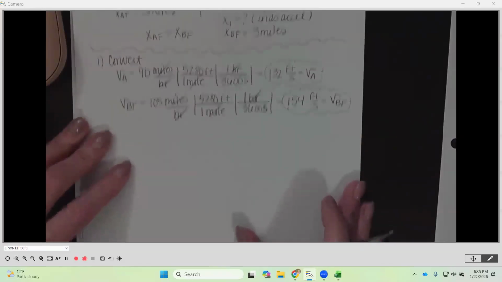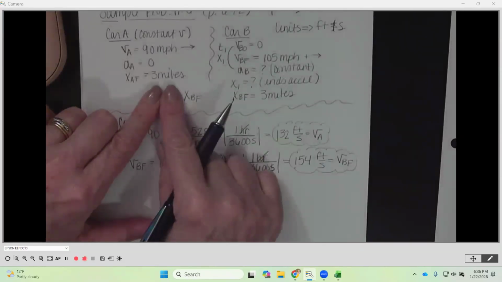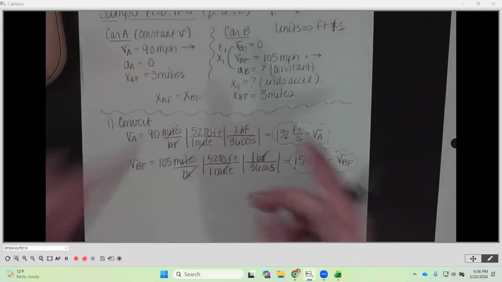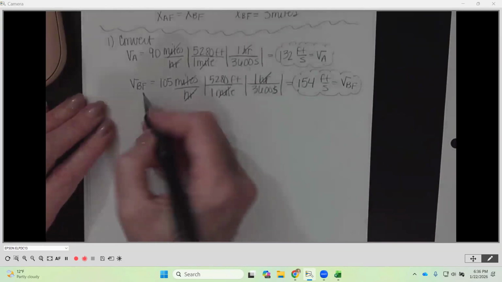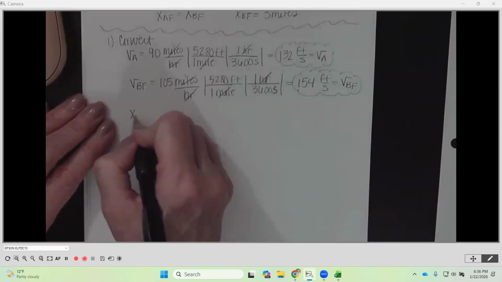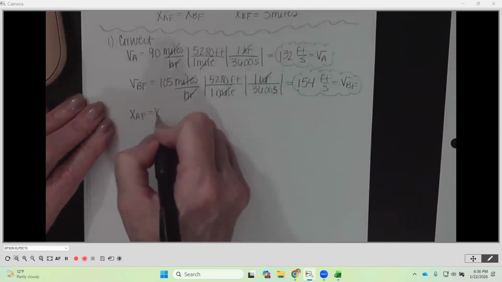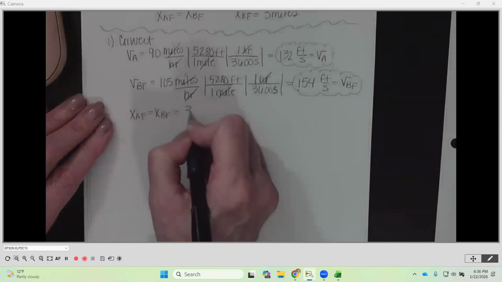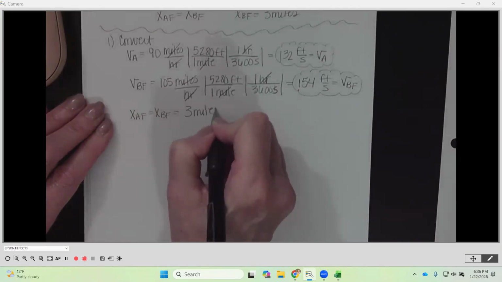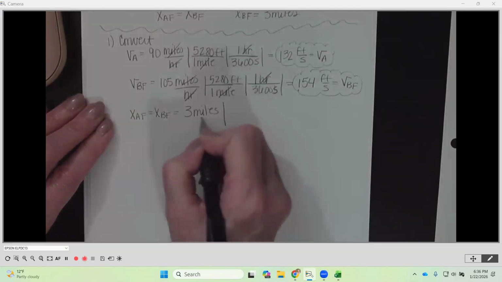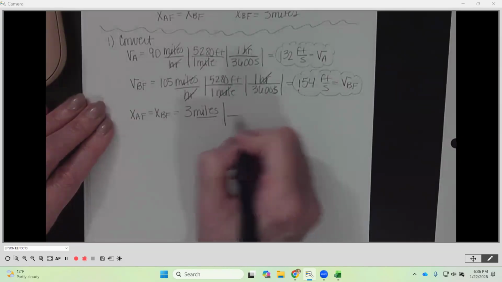The last one that we're going to do is convert the 3 miles to feet. So this is going to be XAF is equal to XBF is equal to 3 miles. And this one's easy because that's just simply going to be over 1.